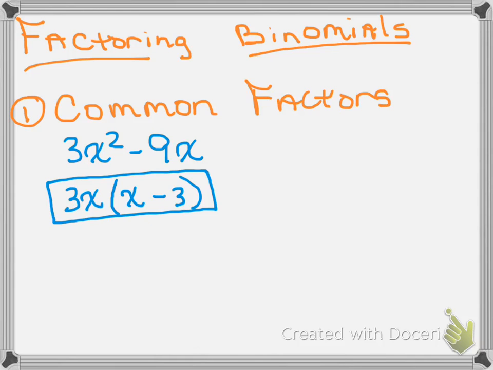After looking for any common factors, the next thing that you would want to look for would be some of our special binomial patterns. The first binomial pattern I would look for would be the a squared minus b squared pattern, which is called the difference of two squares pattern.